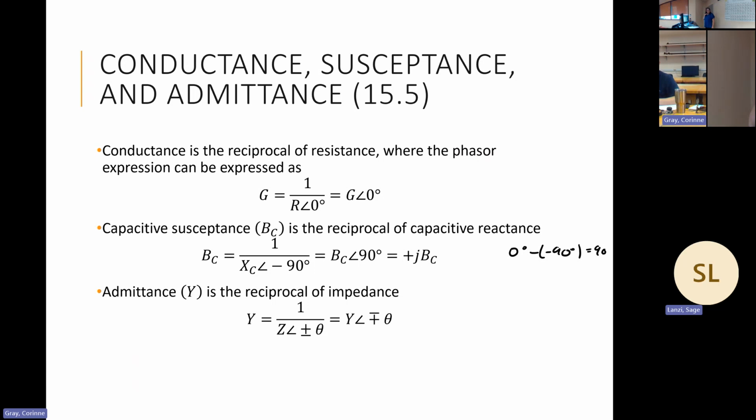That's going to be Y. It is the reciprocal of Z, sorry, not G, Z. So 1 over Z. So for the Z, it can be positive or negative theta. When we flip that over into Y, the sign of the theta value flips, for the same reasons it flips for any other polar coordinates.